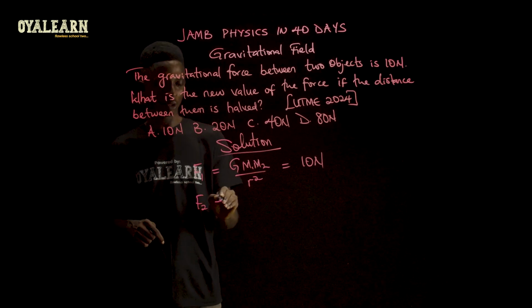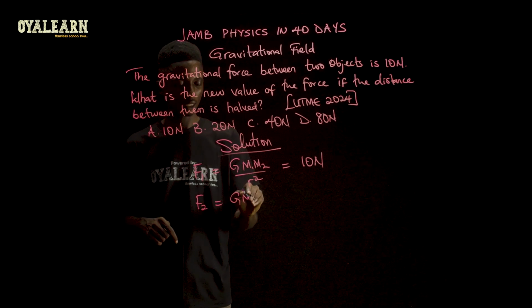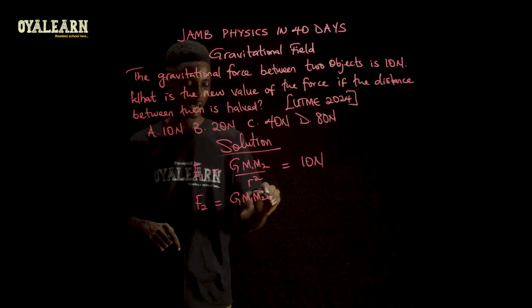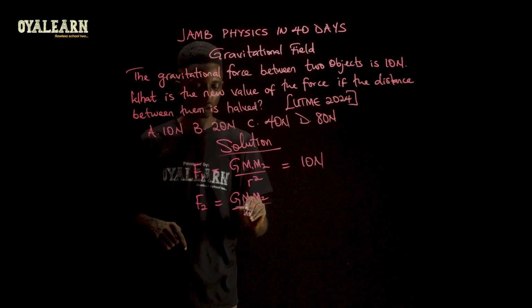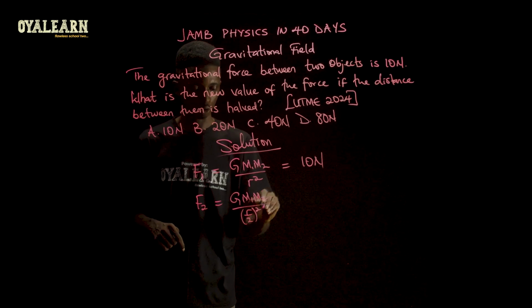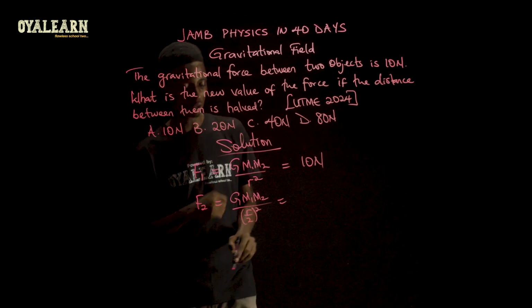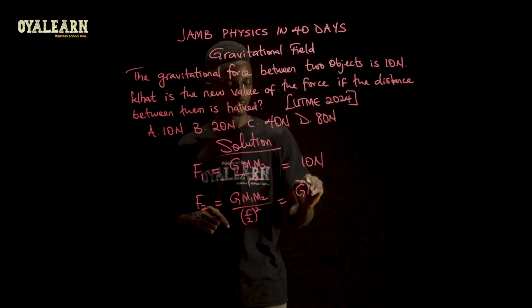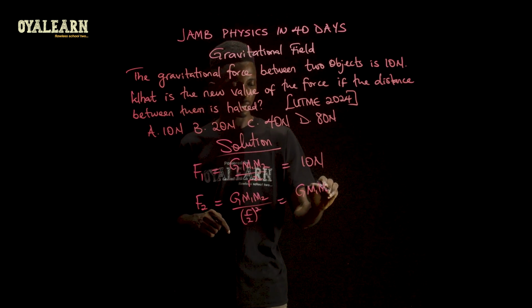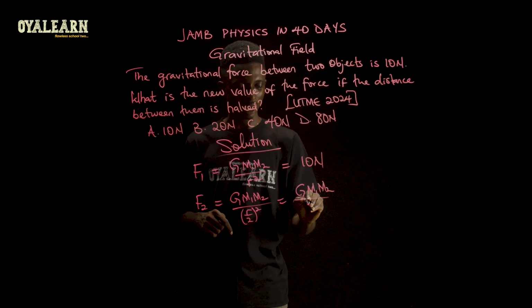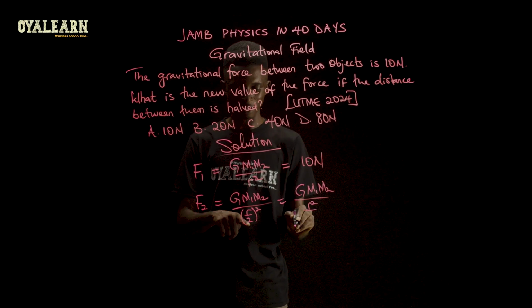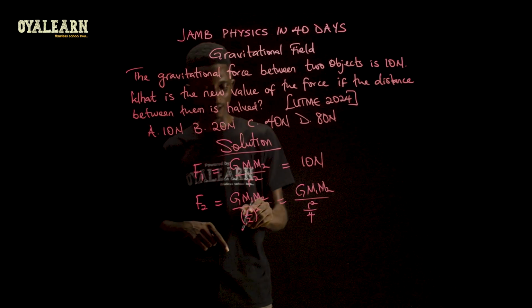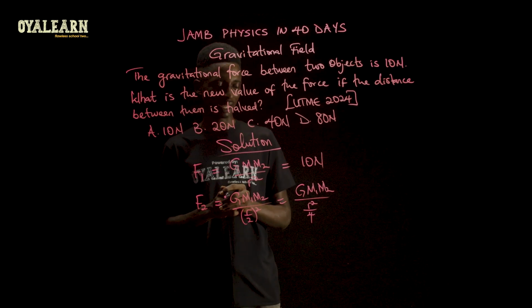So what will be the new force? Let's call that F2. So F2 will then become G m1 m2 over (r over 2) squared. Now this would imply that we would have G m1 m2 over r squared divided by 4, because we have to square everything in this bracket.